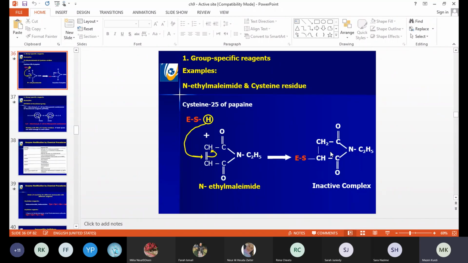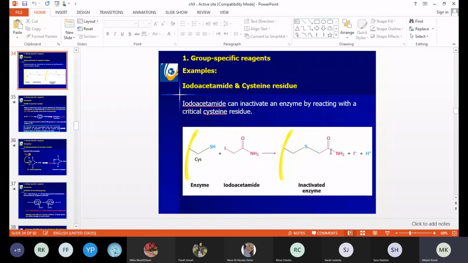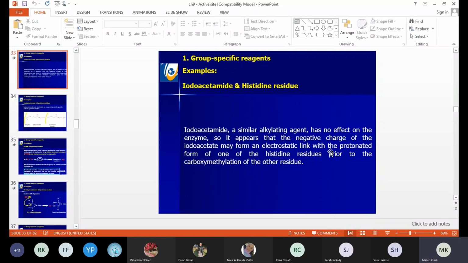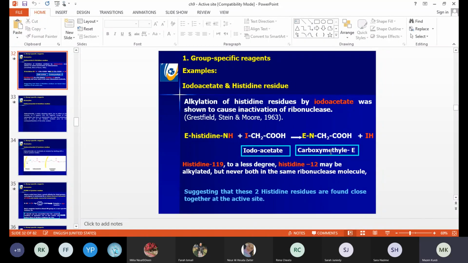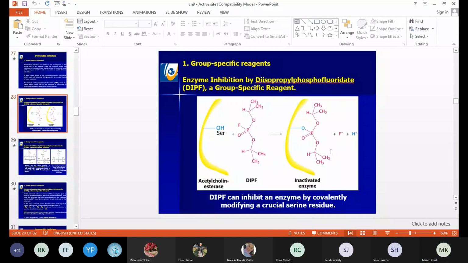NEM يس، عندك PCMB يس، وحتشوفيهم هلا بالاكسرسايز. أنا حقلك اكتبي الرياكشن، حتعرفي إنه مطلوبين. عندك اليودو اسيتاميد، اليودو اسيتيت، وفي عندنا قبل كان الدي اي بي اف. اوكي، يعني منهم كتار، مش اللي مارقين بعدين مش حيكونوا كتار، هول اللي مرقوا معنا اليوم، لأنه ممكن أقول لك اكتبي الرياكشن، شو بصير انتراكشن بين الانزيم وهول الرياجنتس.